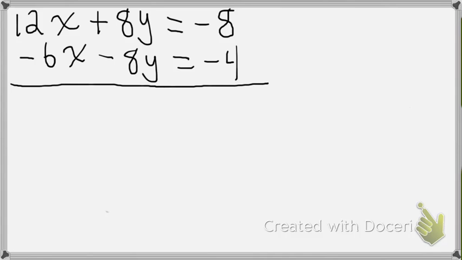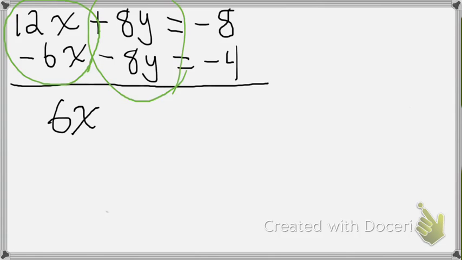12x and negative 6x add up to 6x. Negative 8y and positive 8y add up to 0y.